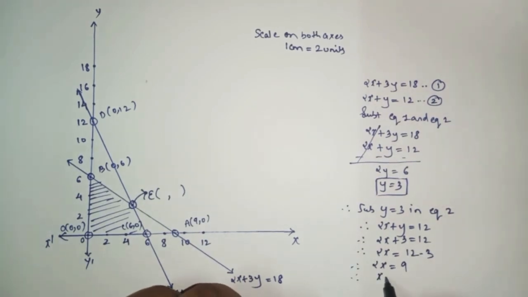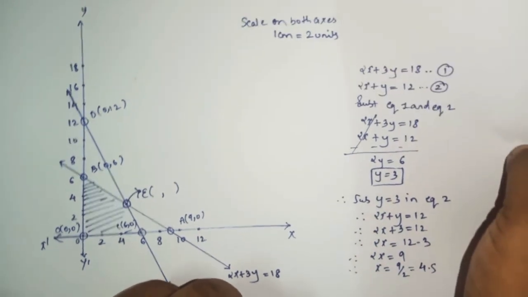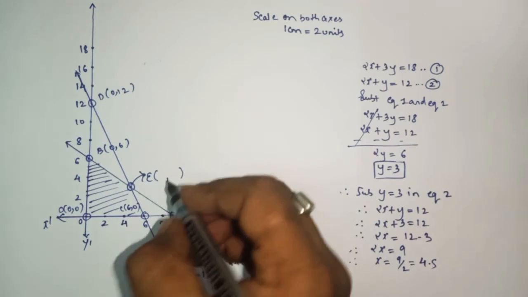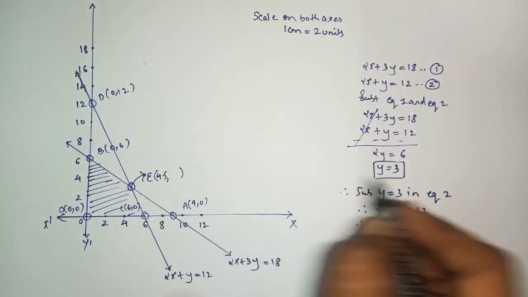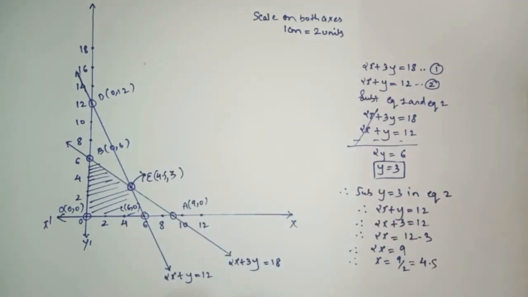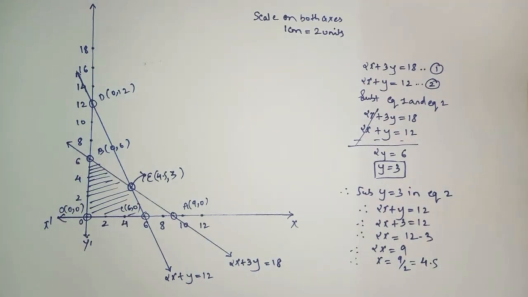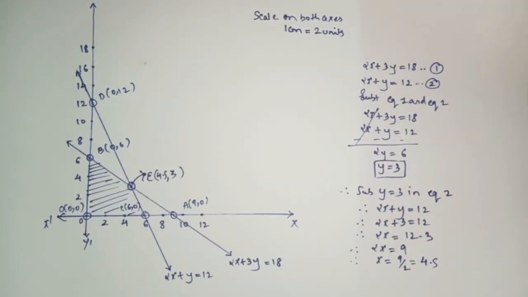So therefore x equals 9 by 2, which means 4.5. So here we got the value of x as 4.5 and y as 3. Understood the step? Okay.